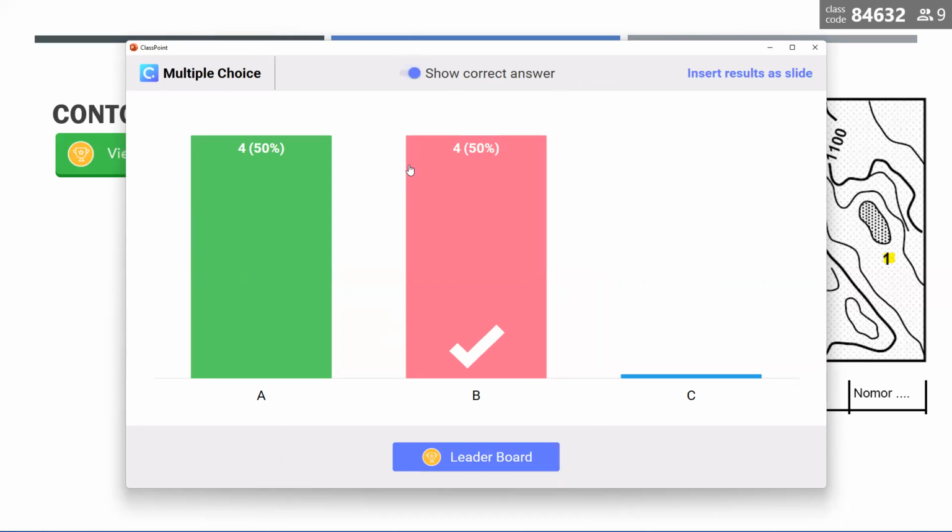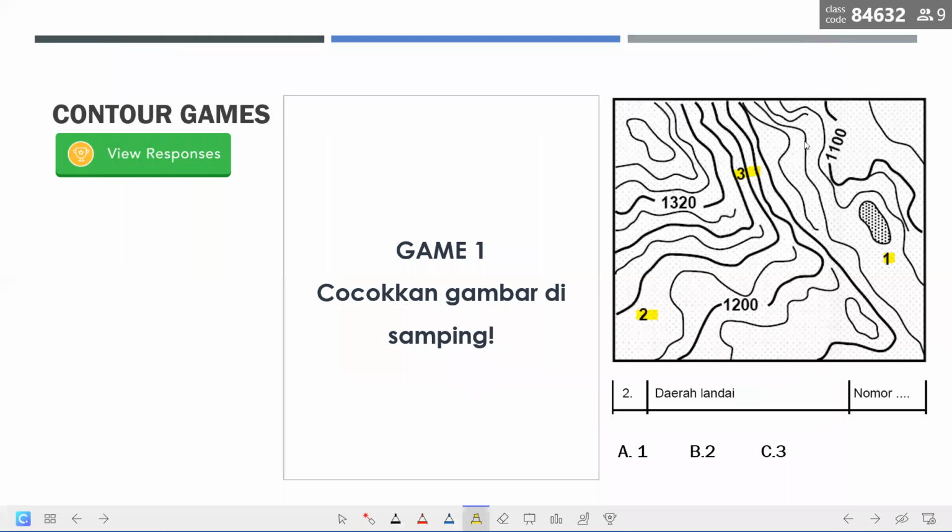Let's see who got it right. So B. B is the flat, or daerah landai, the flatter area, the flat plains. I know it's easy to confuse number 1 for the flatter plain, but there is another feature next to number 1 that shows otherwise.